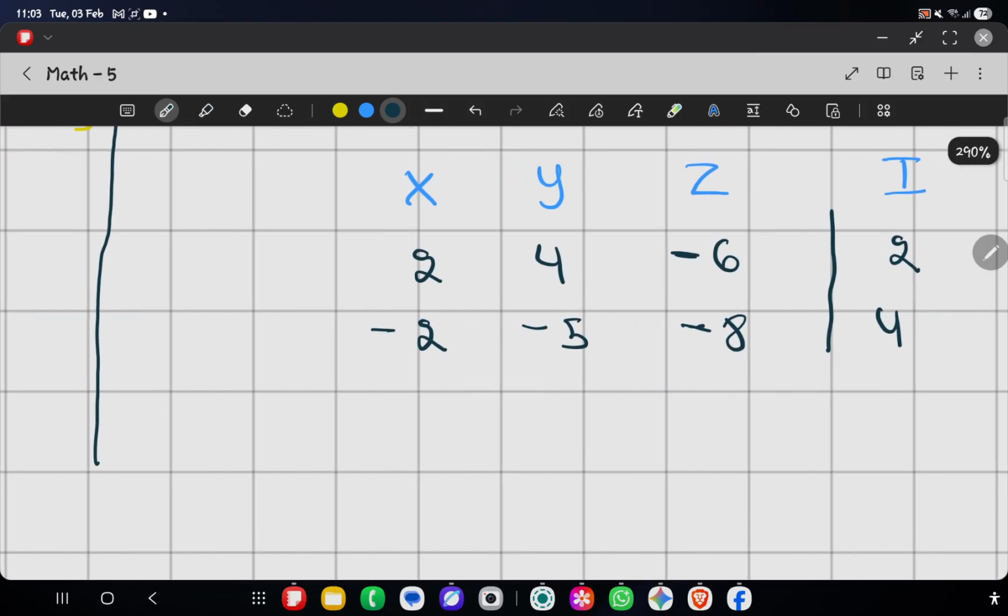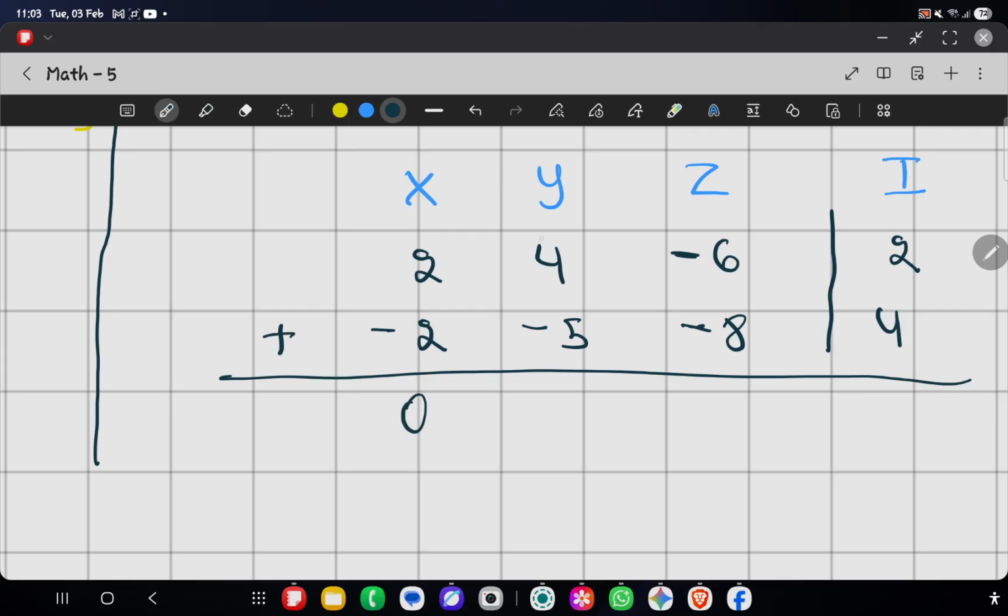Okay, and then when we get to this one, it's going to give us 0, negative 1, and this one's going to give us negative 14, and this one's going to give us 6. So this is what we get as the answer.